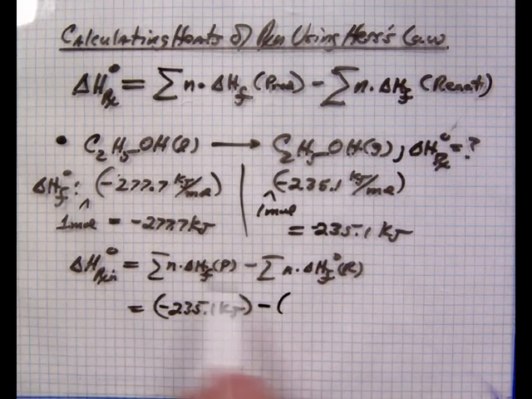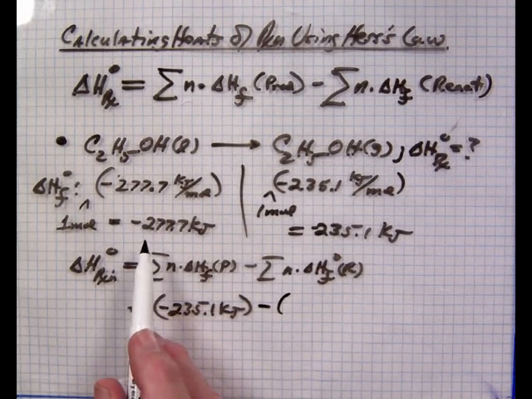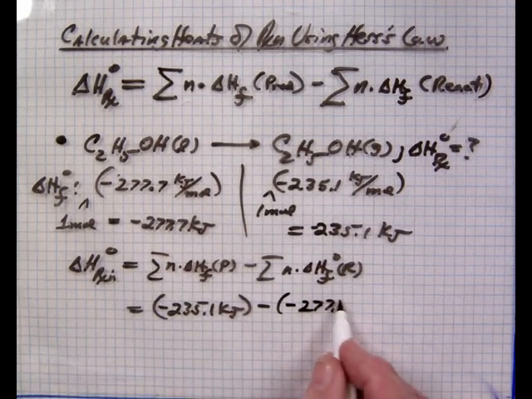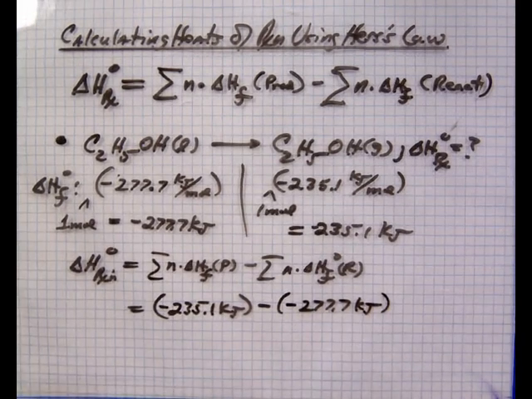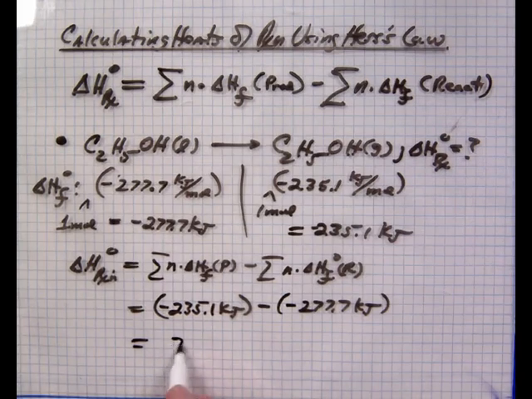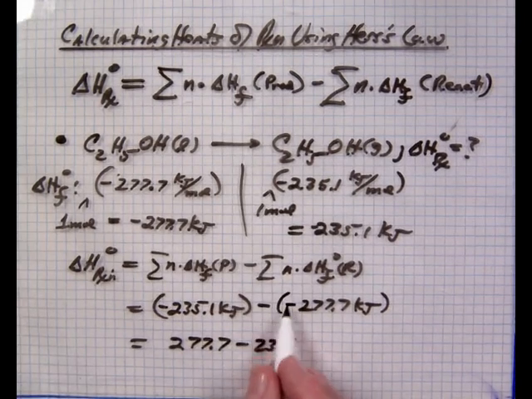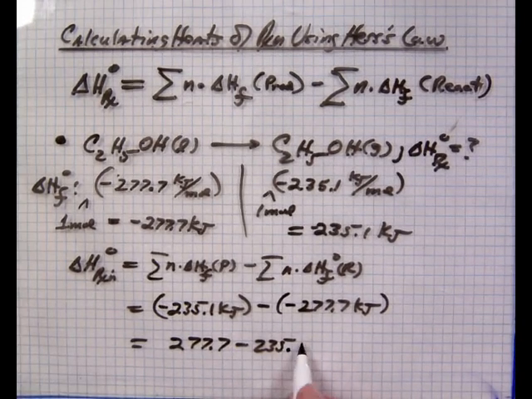Minus the sum of the components on the reactant side, and that's a minus 277.7 kilojoules. Then we apply the algebra to it, and we come up with 277.7 minus 235.1, a minus times a minus is a plus. I just switched it to make it look better.